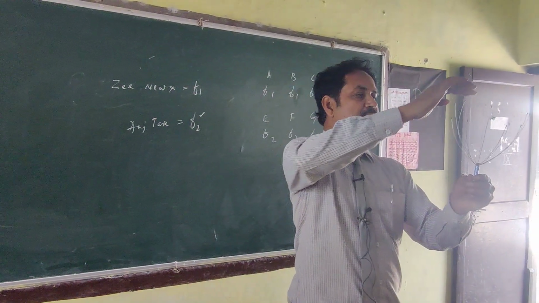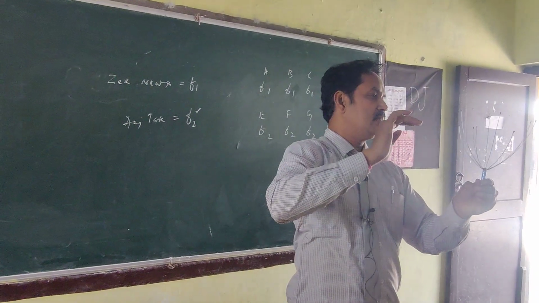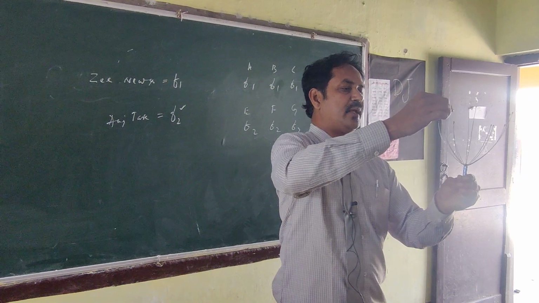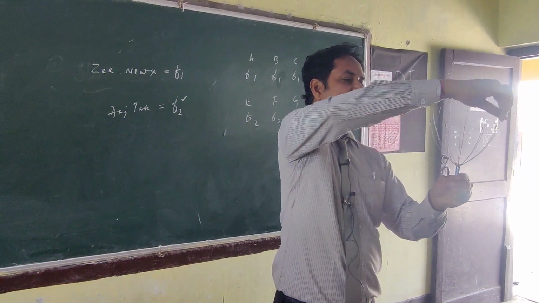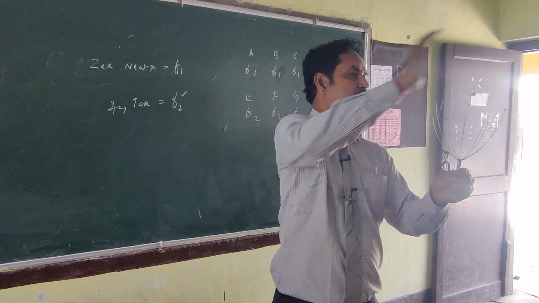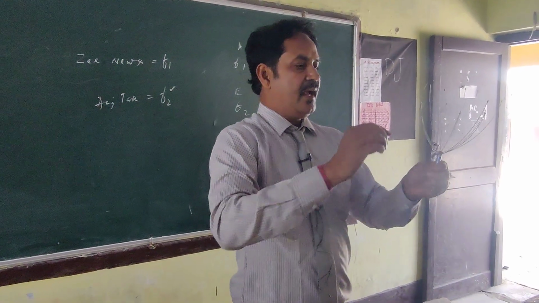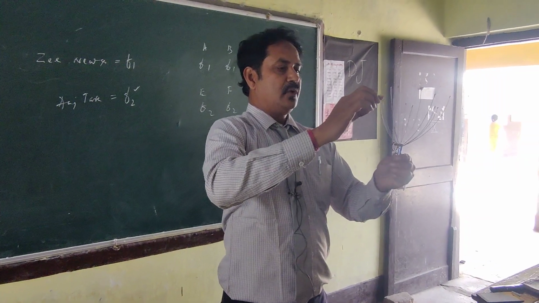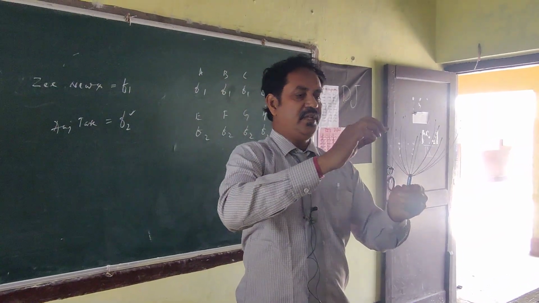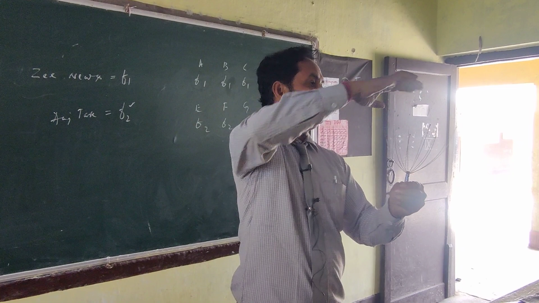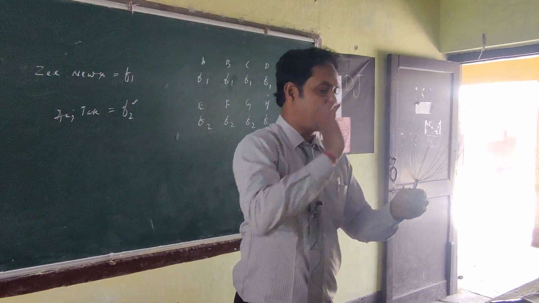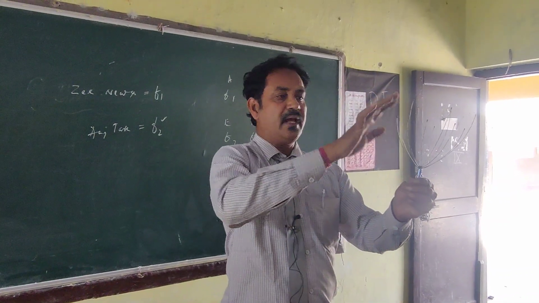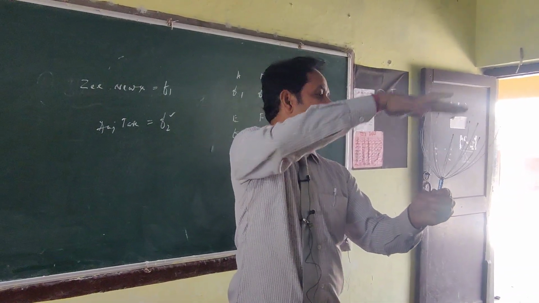So this longer one has frequency F1, for houses A, B, C, D, E. And the shorter one has frequency F2, for houses C, D, E, F, G. Now I am sending frequency F1, and F1 is set in the longer one.